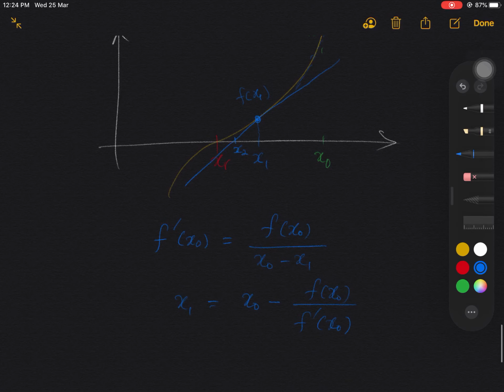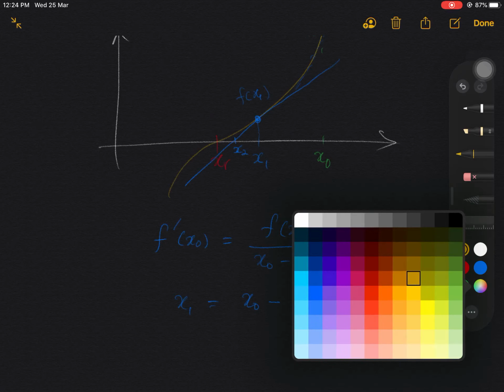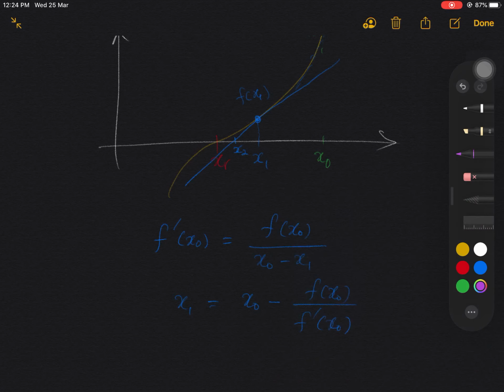So again, we have this right triangle, and I can write the equation in a similar manner. F prime x1 equals f x1 divided by x1 minus x2.